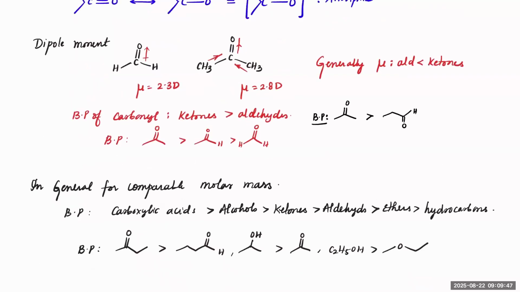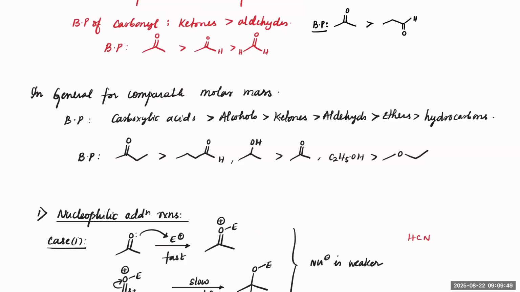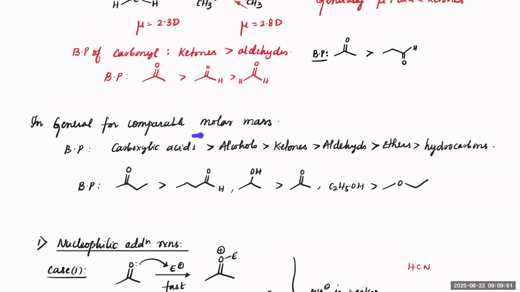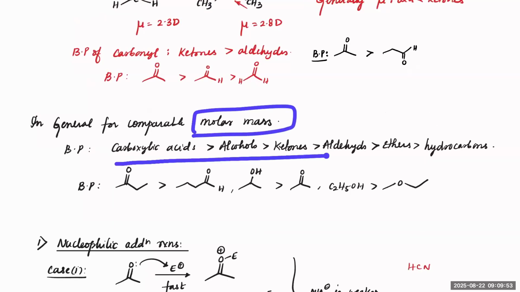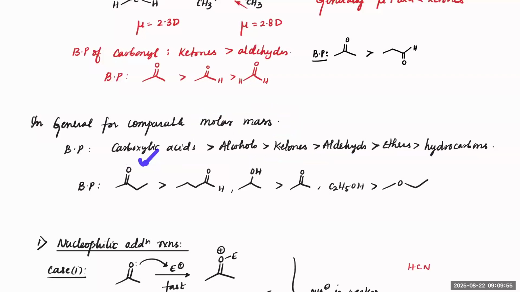Clear, beta? Yes, sir. Lastly, if you have a comparable molar mass of various functional groups, including carboxylic acid, alcohols, ketones, aldehydes, ethers, and hydrocarbons, I forgot to write the amines here. Amines will come in between here.